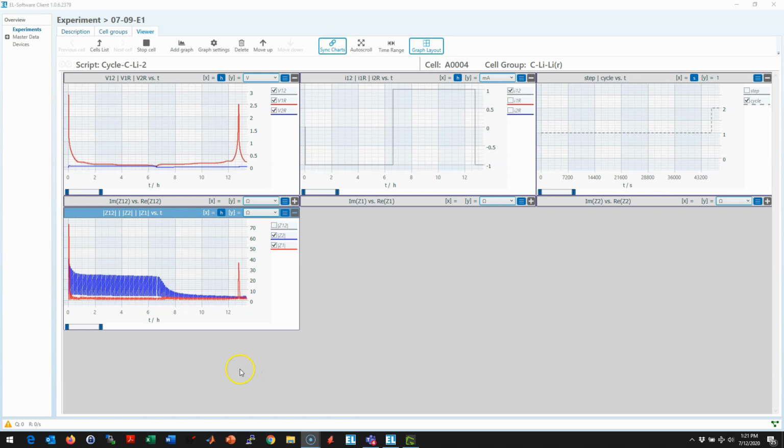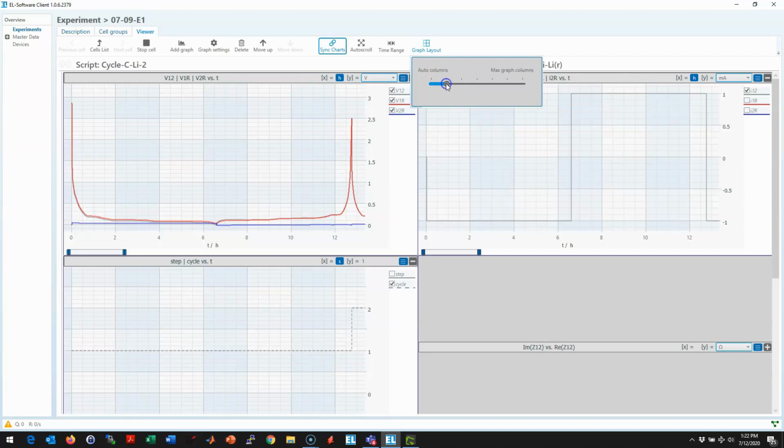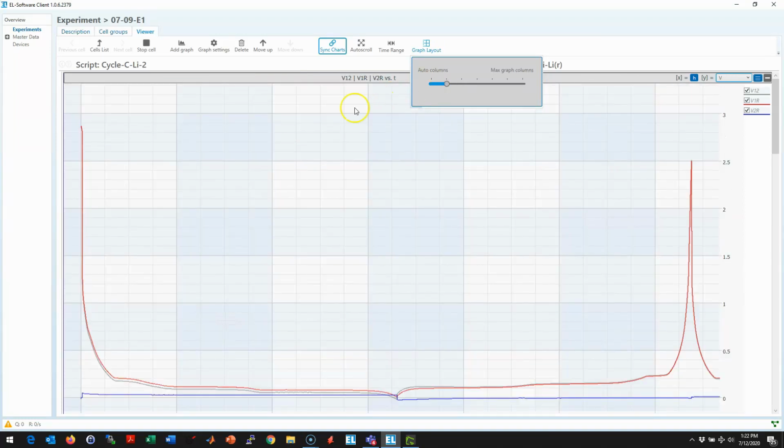We have a closer look on those two diagrams, the voltages and the impedances, and for that purpose we changed the graph layout into just one single column.